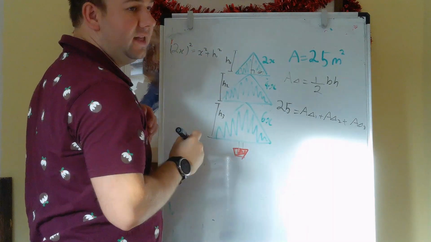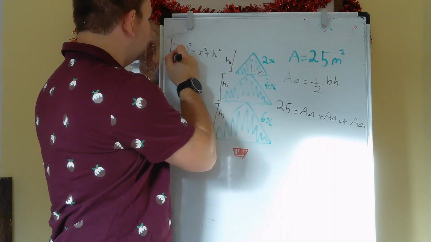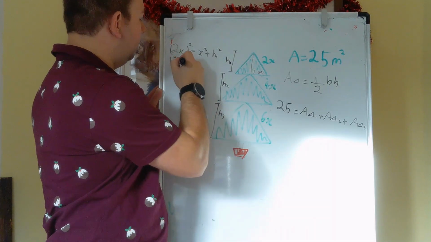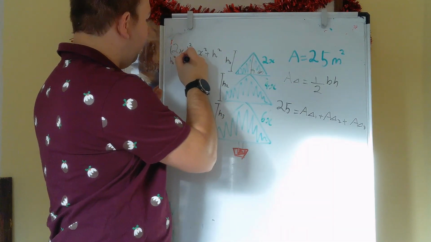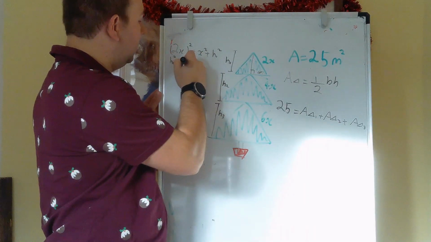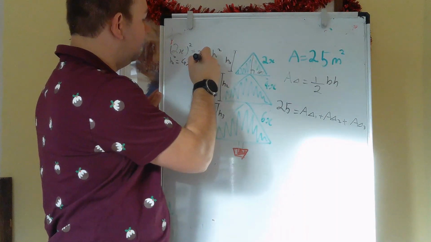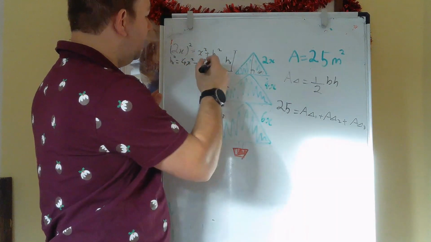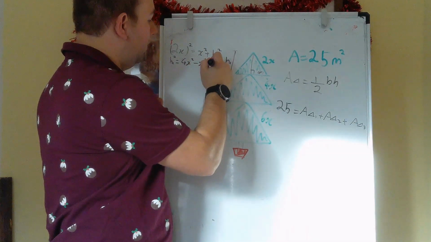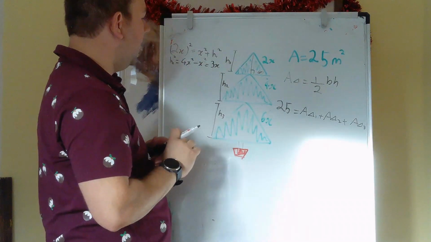We can rearrange this and find that h1 squared is equal to 4, because we have to take the 2 inside the brackets and square it, so 4x squared minus x squared, which is equal to 3x squared.